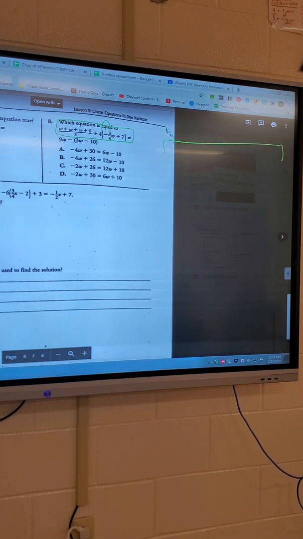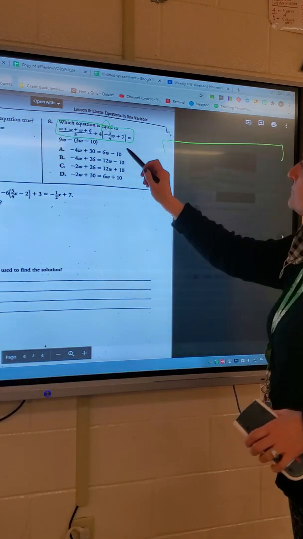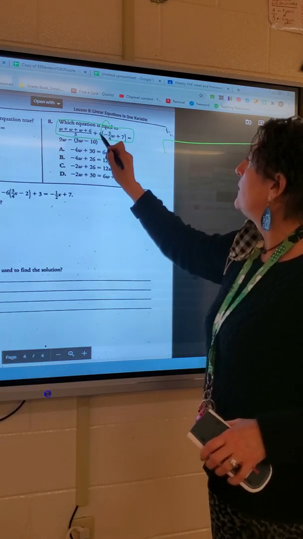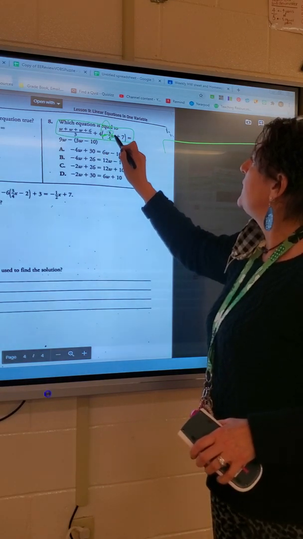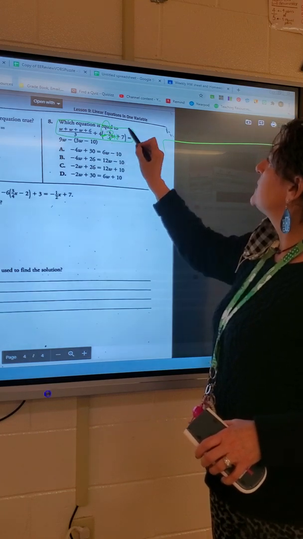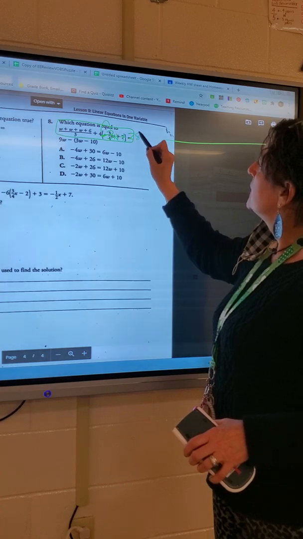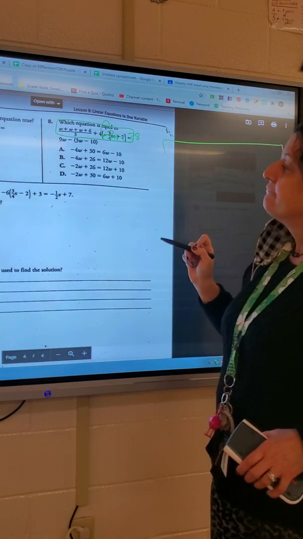Not times, never mind. It's negative 3. So this is negative 3, and I'm just going to write right on top of it. That times that is negative 3w. Plus 4 times 7 is 28. Right?